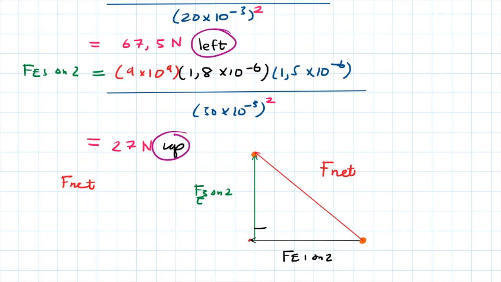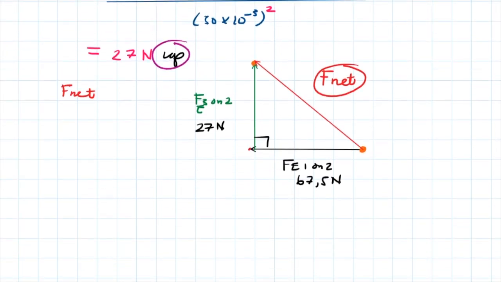This is a right angle triangle. We know the force of 1 on 2 is 67,5 newtons. The force of 3 on 2 is 27 newtons. We're looking for the hypotenuse, so we can simply make use of Pythagoras' theorem by saying that the net force, F net, which is the hypotenuse, is going to equal the square root of the sum of the squares on the other two sides.